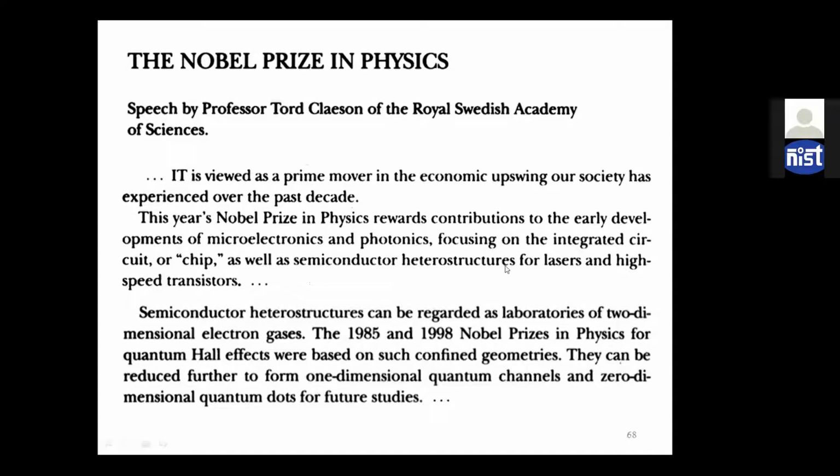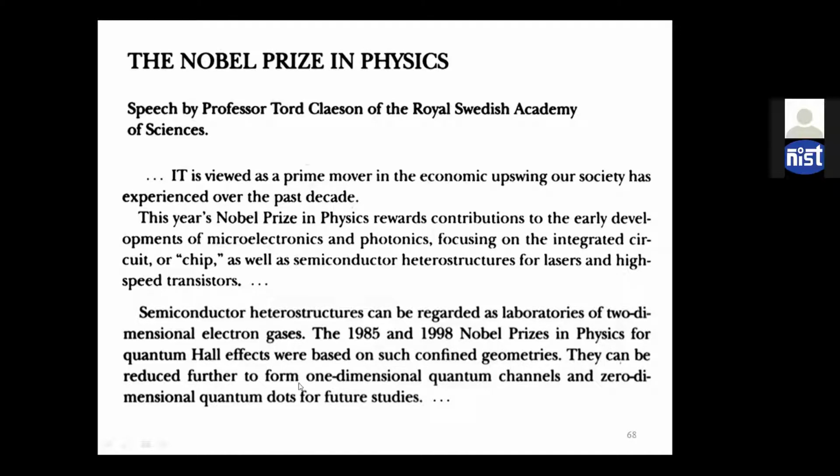So that pioneering work on semiconductor heterostructures made a drastic change in the field of lasers, and it also leads to high-speed transistors. These semiconductor heterostructures can be regarded as laboratories of two-dimensional electron gases. The 1985 and 1998 Nobel Prizes in Physics for quantum Hall effects were based on such confined geometry, like heterostructures.